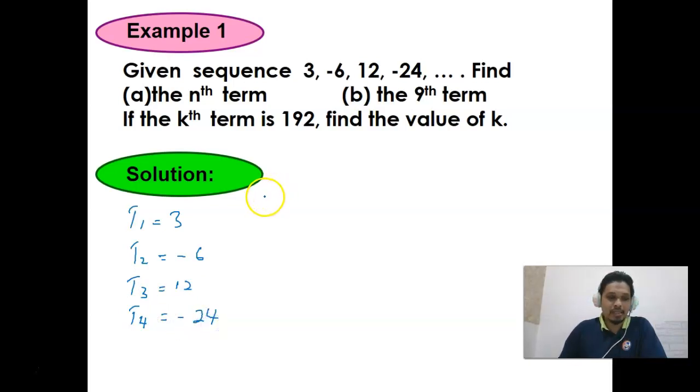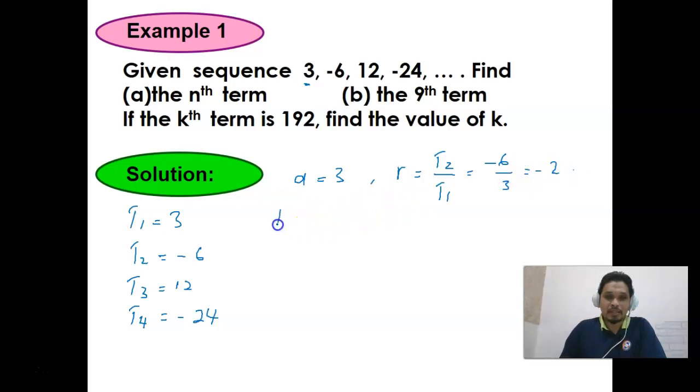To find the nth term, a equals the first term, which is 3, and r equals the second term divided by the first term, negative 6 divided by 3, which equals negative 2.